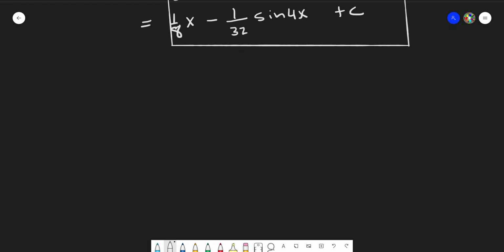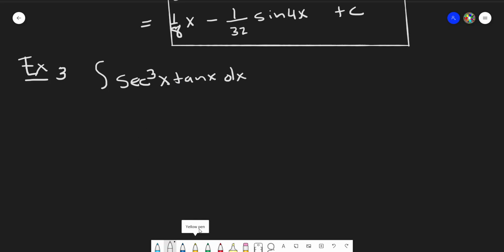Now let's say we had the following example, an integral that involves a secant function, and we'll stick with x for the variable. So we have secant cubed x tangent of x dx.